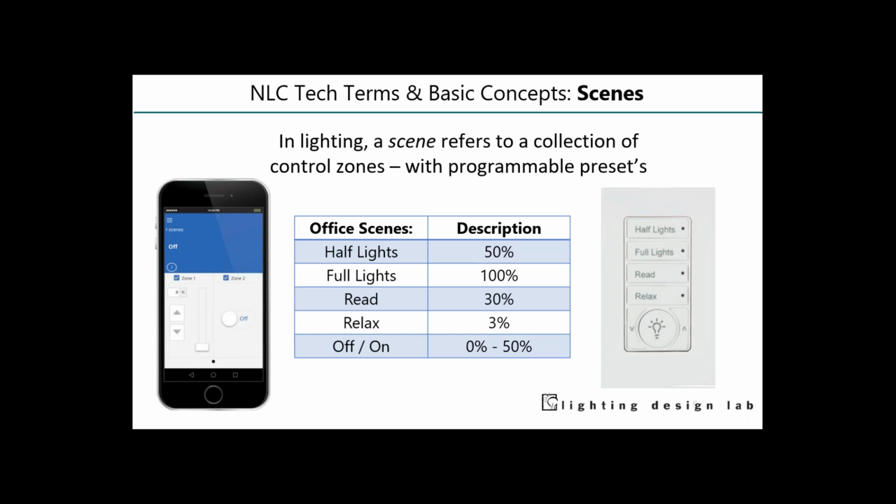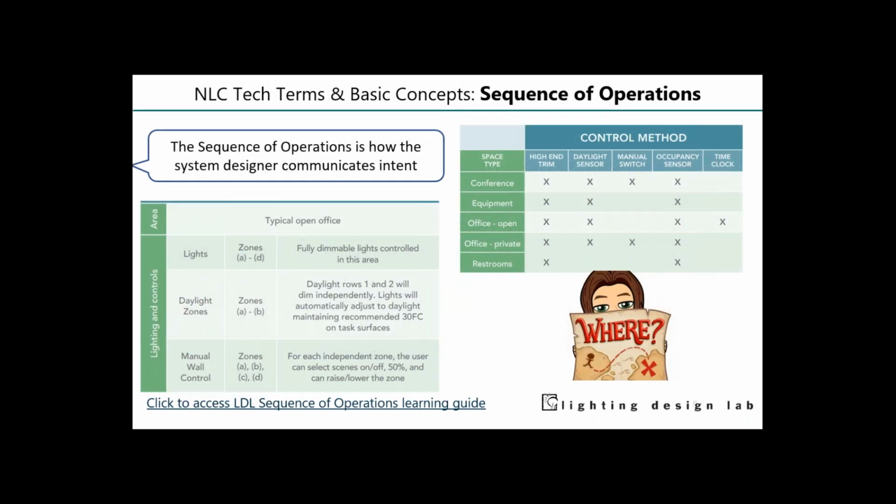They're preset light levels. You're going to see this continue to proliferate. It's a key concept, because many of these network lighting control systems are programmed and set up based on scenes. So this is going to be a common, recurring motif that we'll run into.